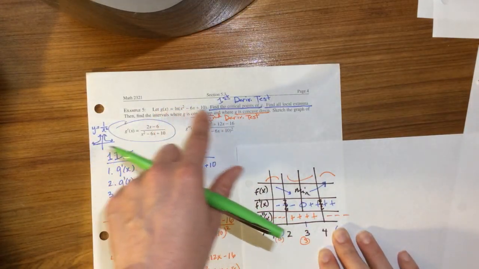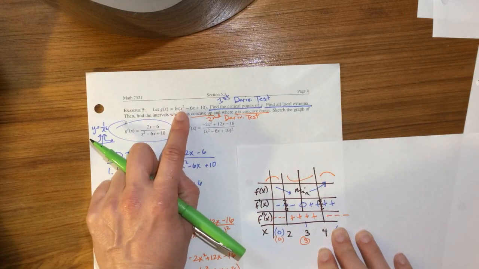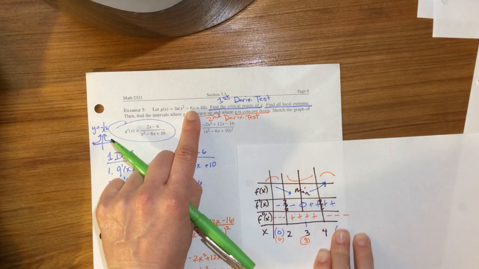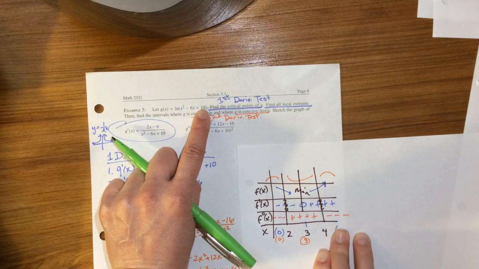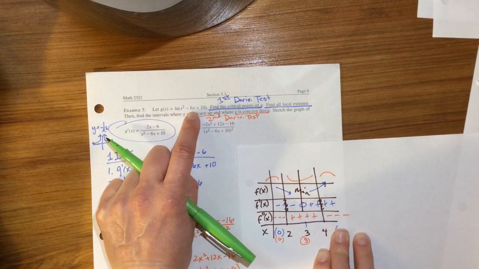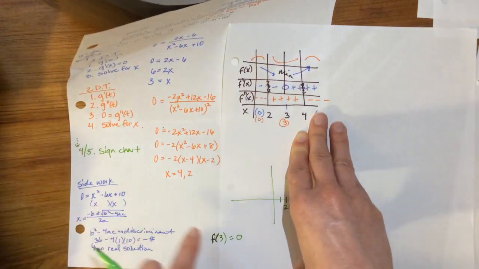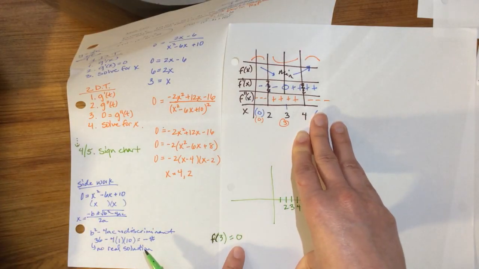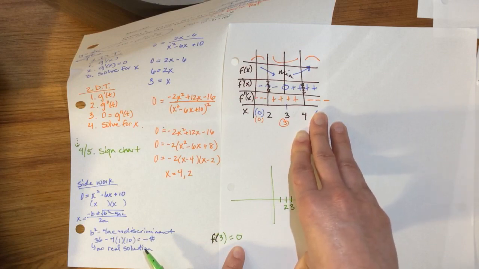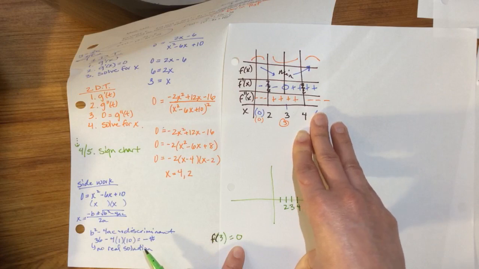That would be 9 minus 18 plus 10, which would be the natural log of 1. And what's the natural log, or any log of 1? 0. Perfect. That's one of those situations where you kind of have to remember your college algebra. Remember, log base A of 1 is always 0. So the natural log of 1 is 0.